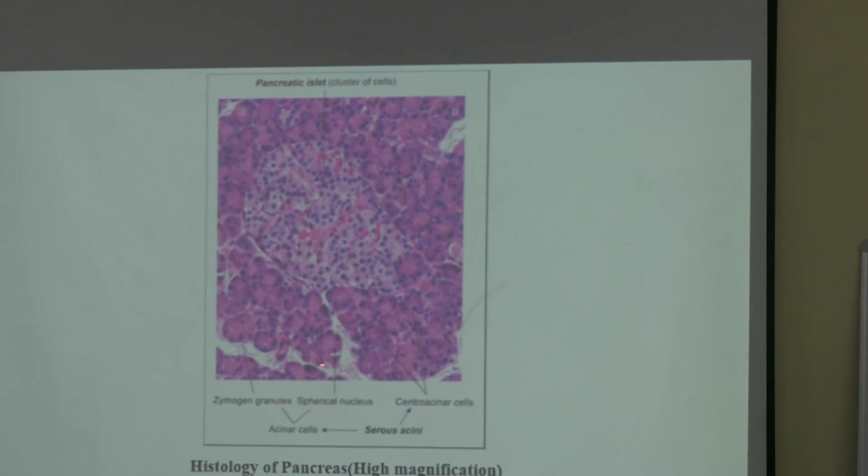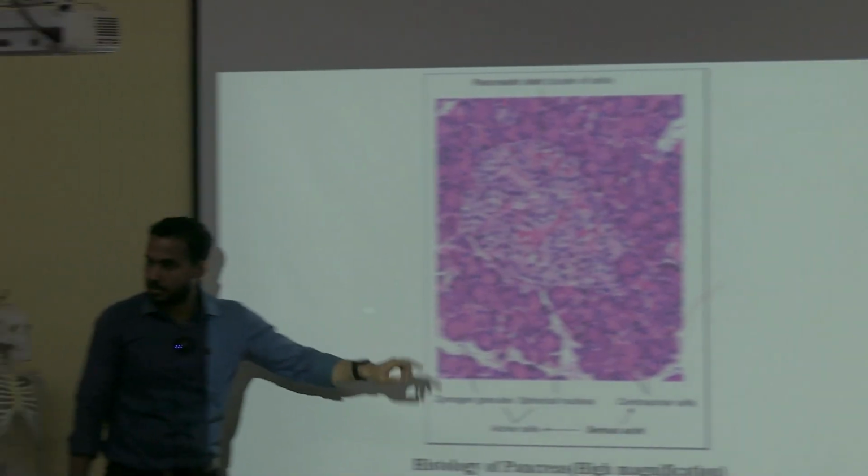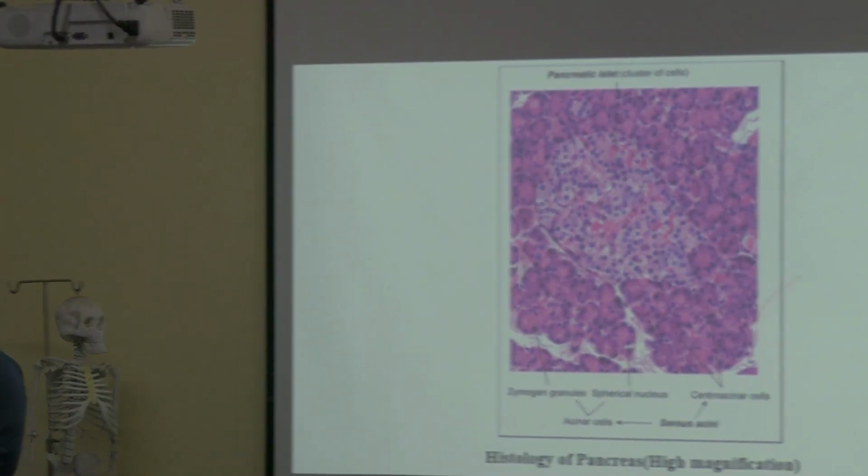This is the connective tissue septa, which is separating the lobules of the pancreas. So all those things you can see under high magnification. So that is all about the pancreas.